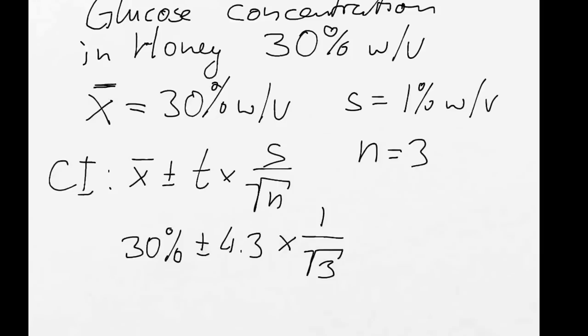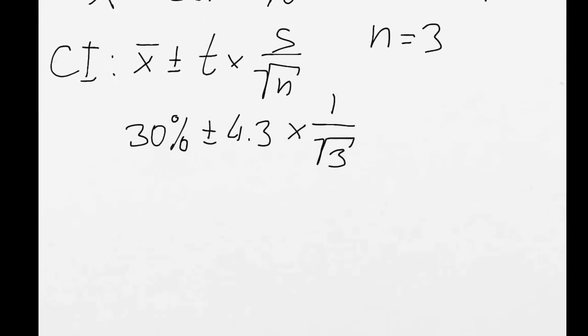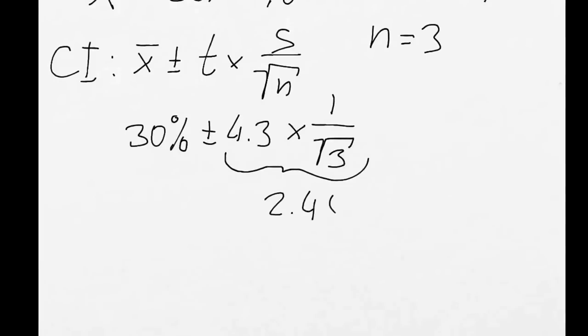Yeah? And if you calculate that here, 4.3 times 1 divided by the square root of 3, you get 2.48. Is that right? Yeah?